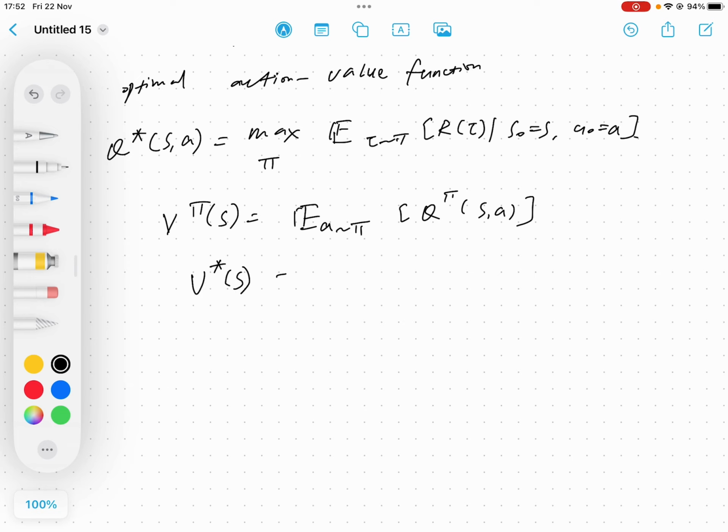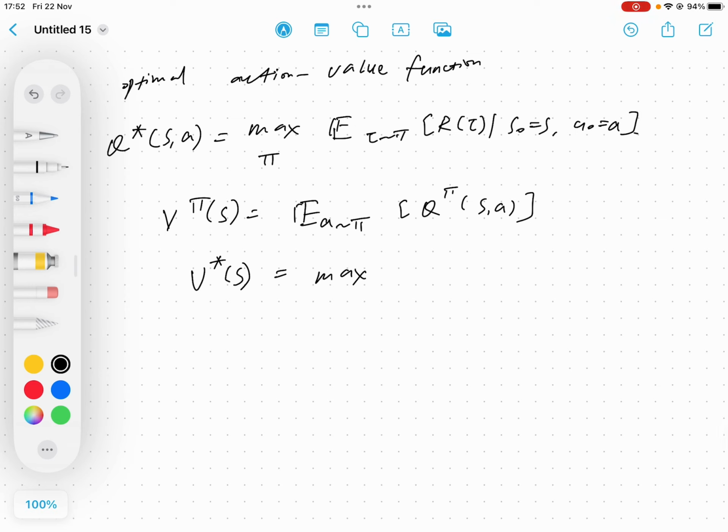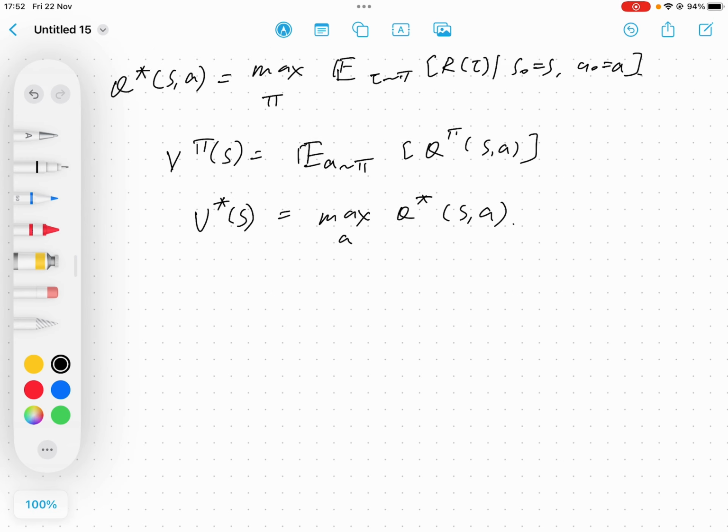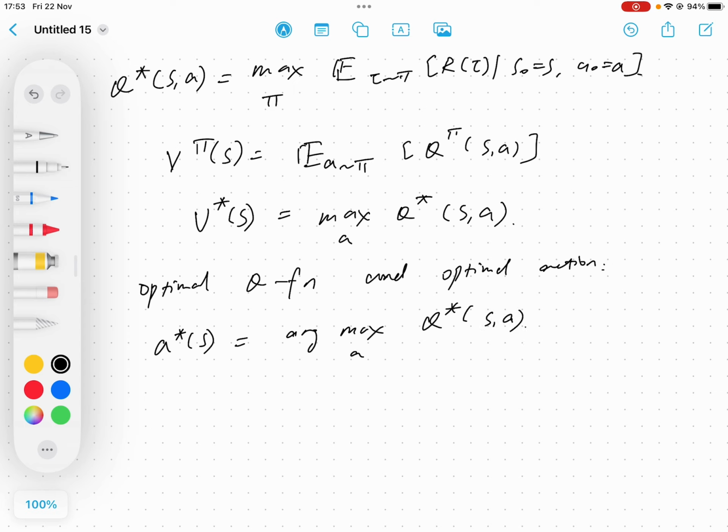Correspondingly, the star versions also have a relationship: V star(s) is just the maximization over a of Q star(s, a). It is also very useful to know the relationship between the optimal Q function and the optimal action: the optimal action is just the argmax over a of Q star(s, a). Okay, good.